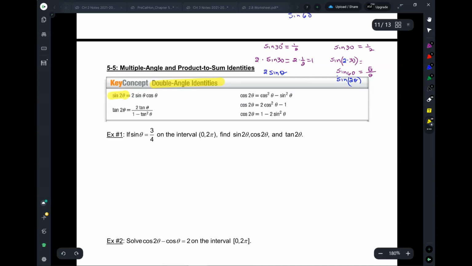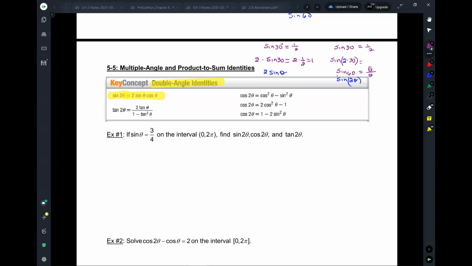Sine of 2 theta, okay? Well, the identity is that that's equal to 2 sine theta cosine theta, all right? So to evaluate sine of 2 theta, you can actually use the single thetas to evaluate it, okay?